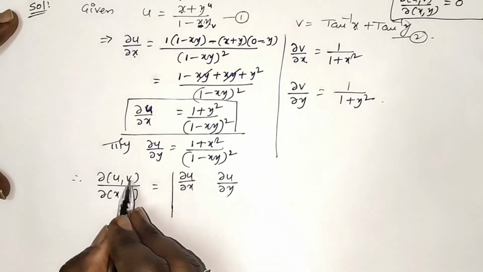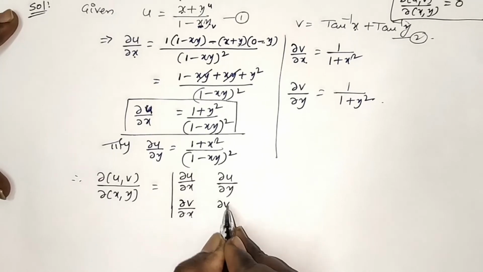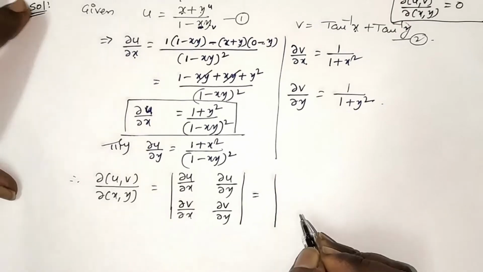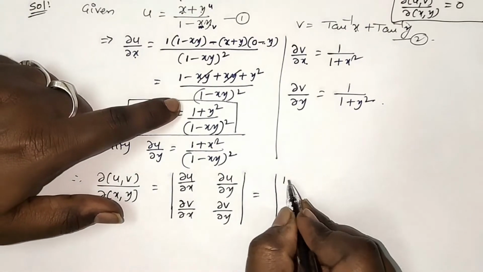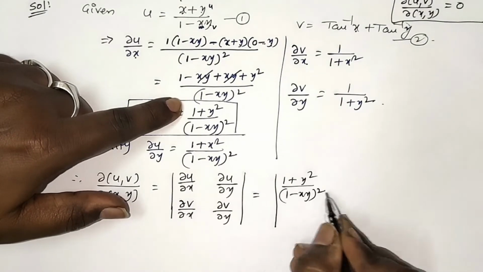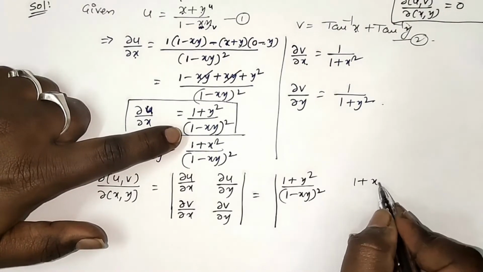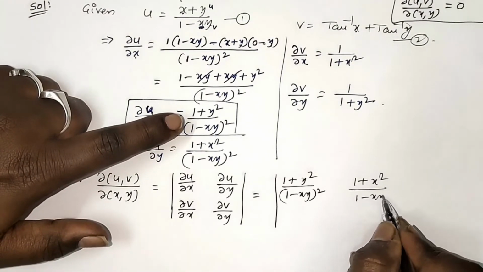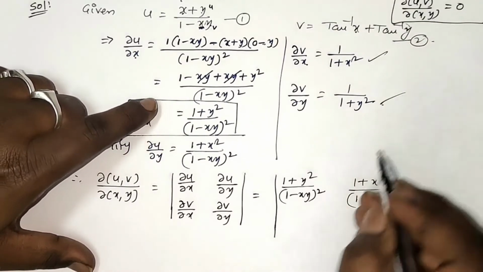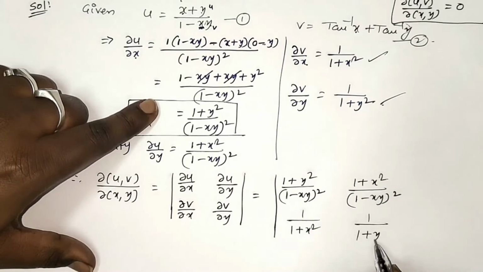The second row is the partial derivative of the second function with respect to x and y, dou v by dou x, dou v by dou y. Write the respective values. The first term is (1 plus y square) by (1 minus xy) whole square. The second element in the first row is (1 plus x square) by (1 minus xy) whole square. Next, the second row is these two terms, 1 by (1 plus x square), 1 by (1 plus y square).